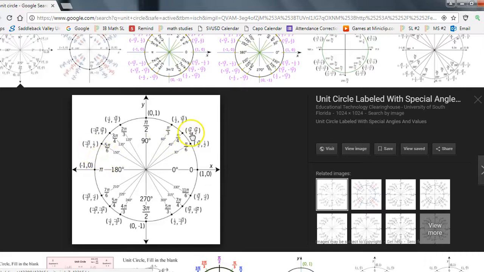If you're going to the left instead of to the right, your x values change signs, but the y values stay the same, because I'm still going the same distance up.